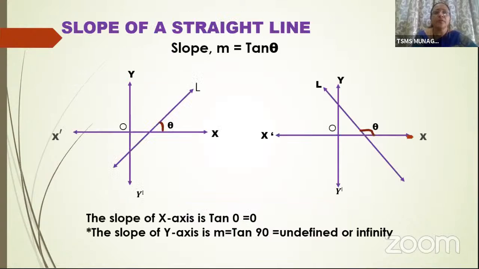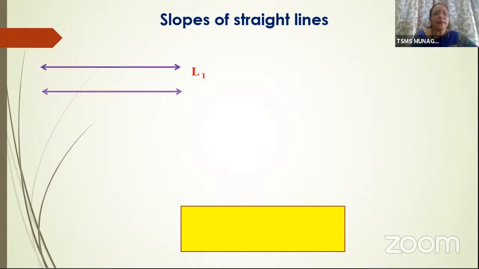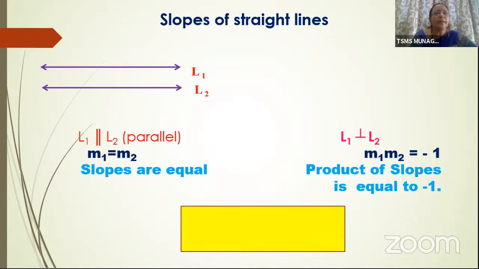Yeah. So here you can see the acute angle and the obtuse angle. The slope m is tan theta, the slope of the x-axis is tan 0, which is 0, and the slope of the y-axis is m equal to tan 90 degrees, which is undefined or infinity. Now, what happens to the slopes of straight lines if they are parallel? We have derived the condition for parallel lines: if L1 is parallel to L2, then their slopes are equal.